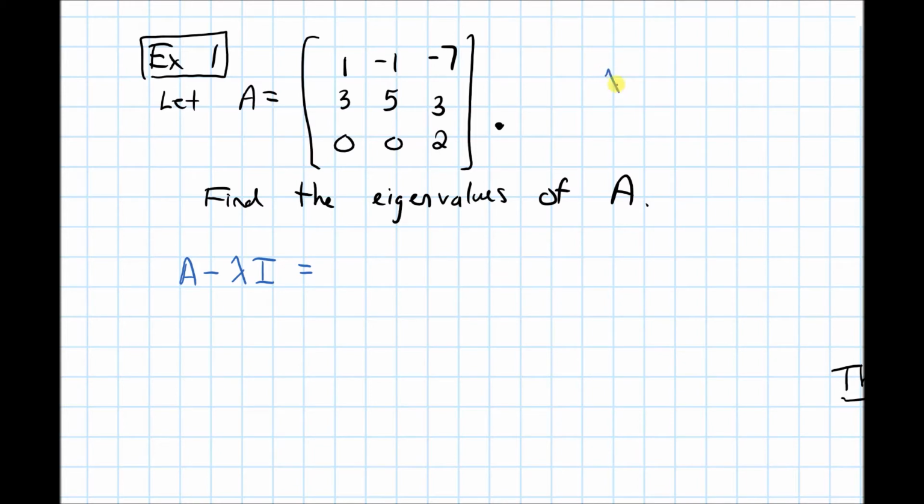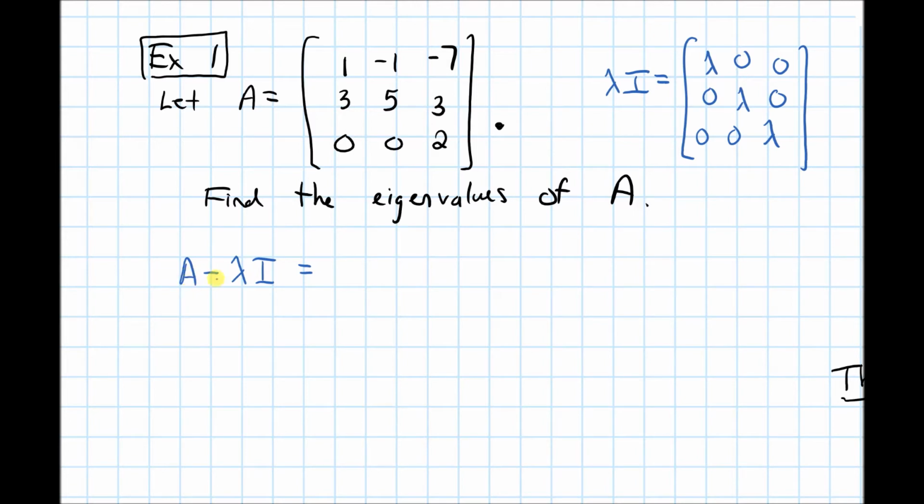Lambda times the identity matrix would be the identity after I've multiplied each of the entries by lambda. So that'll put lambdas on the diagonal, and in this case it's 3 by 3 because my matrix A is 3 by 3, so I have to make sure that their sizes match up, and everything else is still going to be 0, because 0 times lambda is still 0.